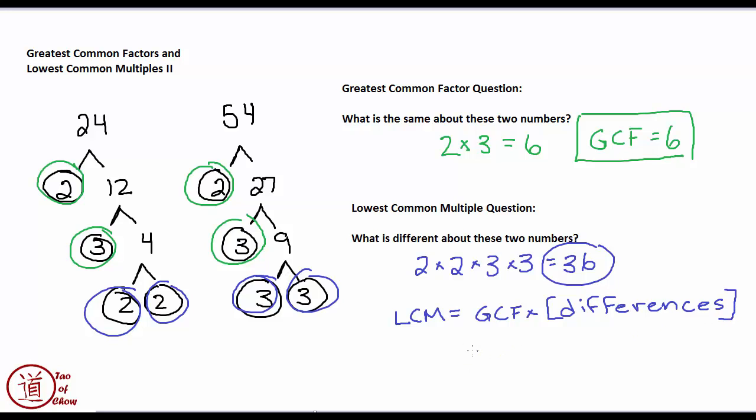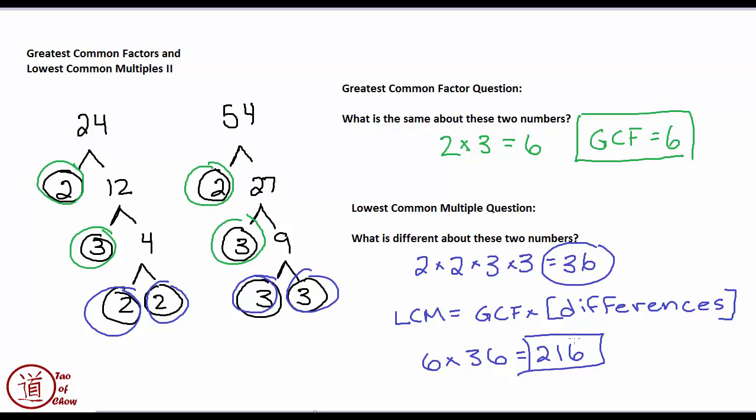That's 6 times 36. 6 is the GCF, 36 is the differences. 30 times 6 is 180, 6 times 6 is 36, so 216. And that is our LCM.